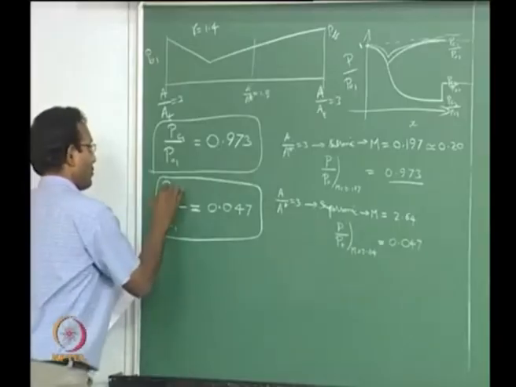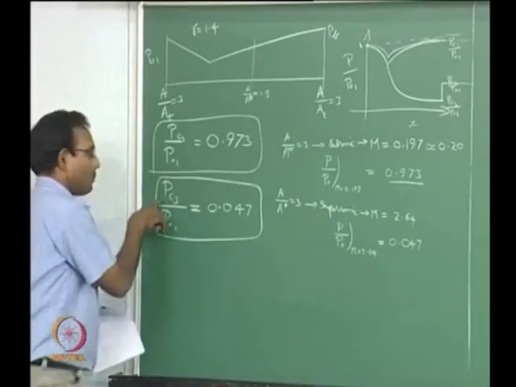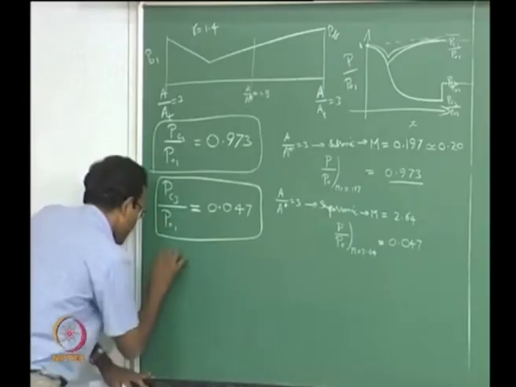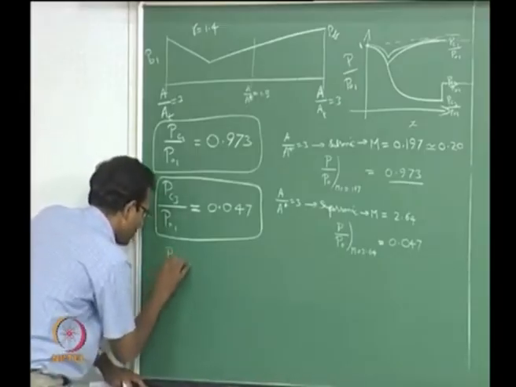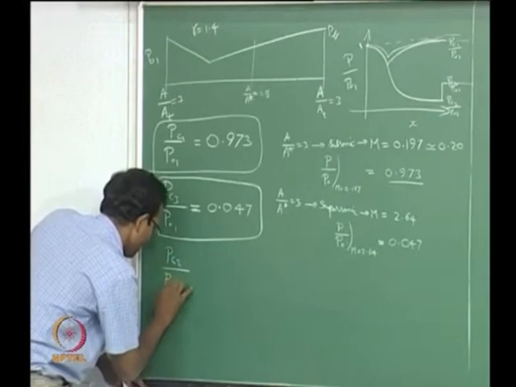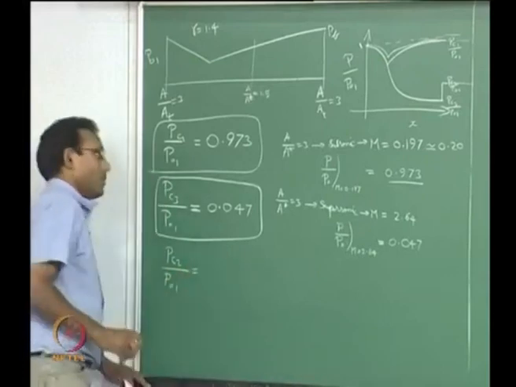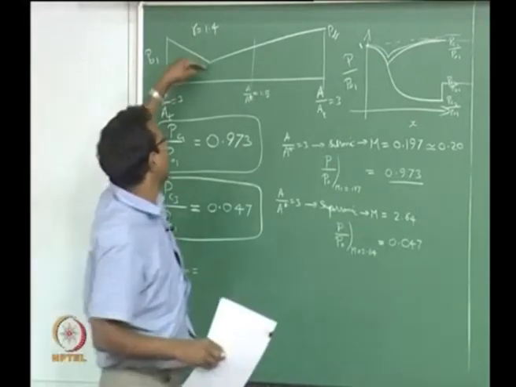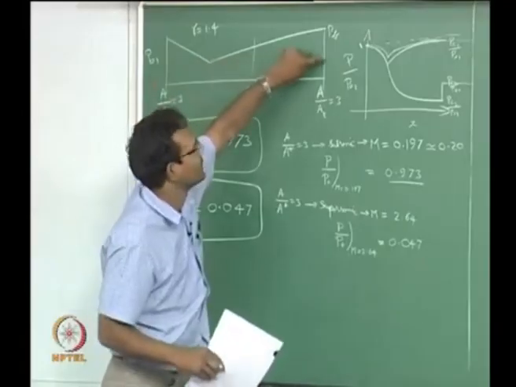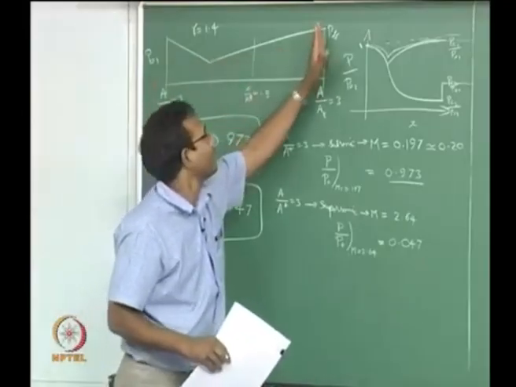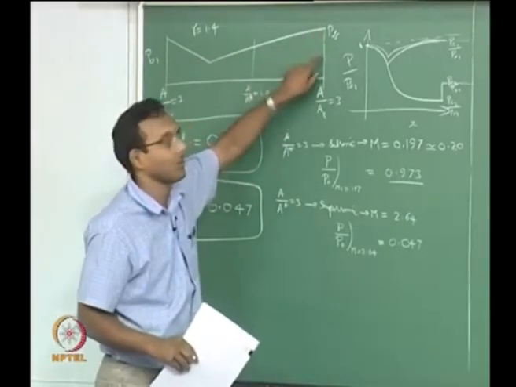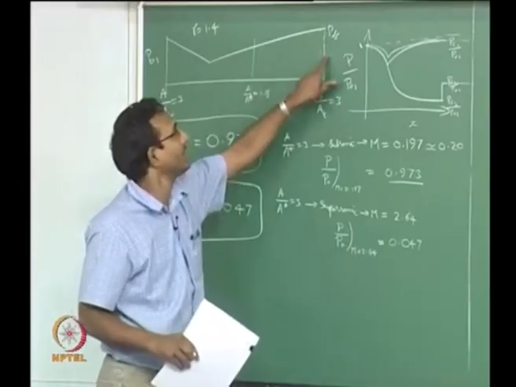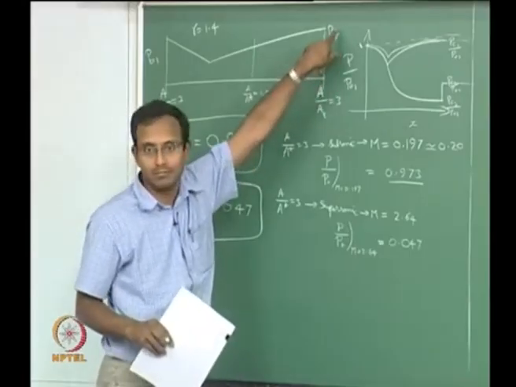I still haven't gone to the full problem. Critical pressure 3 I have to mark, sorry 2, we have done 3 already. Critical pressure 2 with P01, that ratio. How will I get it? I am going to say it is going fully supersonic up to the exit. At the exit there is a normal shock with that particular supersonic Mach number, and then immediately after that PB is matching P exit.